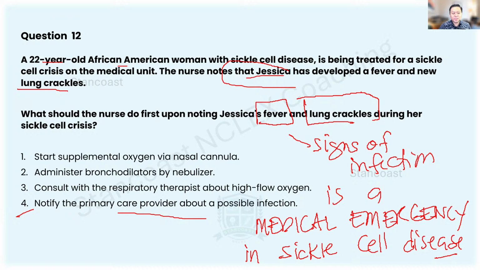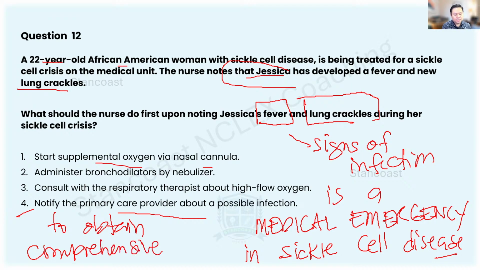Now, if we had answered supplemental oxygen via nasal cannula, it's not really going to primarily address the main problem here. Although we can provide them with oxygen along with the other interventions, our main goal here is to notify the medical provider so that we can get a much more comprehensive treatment.